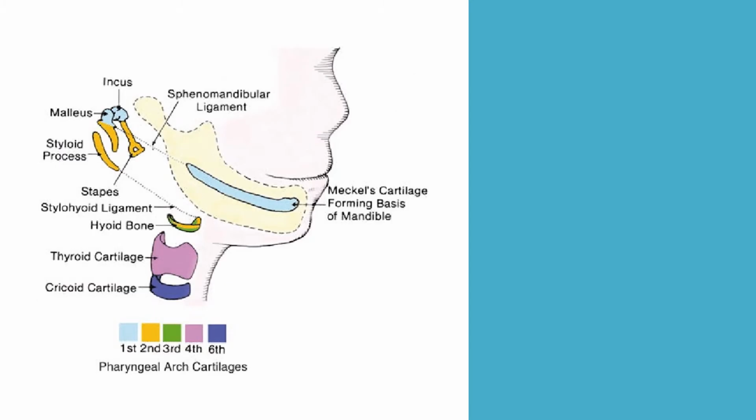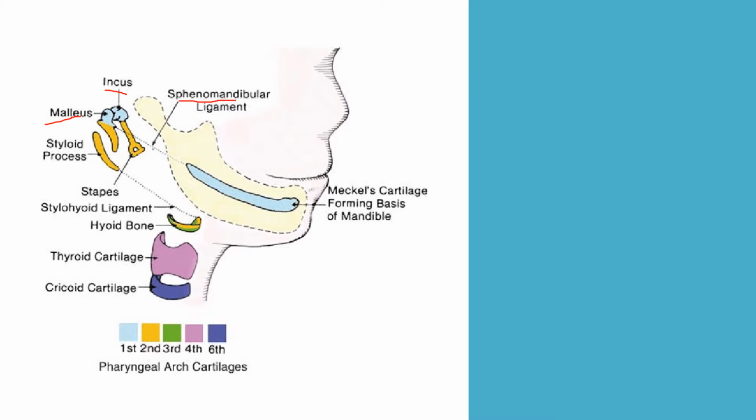In this picture we can see all the mesodermal derivatives in all arches. The first one is the mandibular arch, with its dorsal part and ventral part. The dorsal part is going to form malleus and incus, and the succeeding part forms the anterior ligament of malleus and the sphenomandibular ligament.